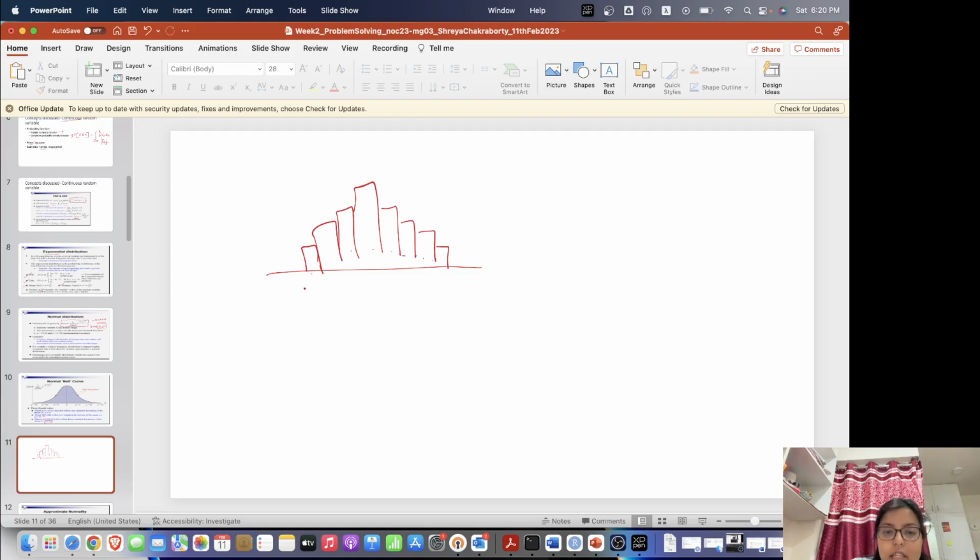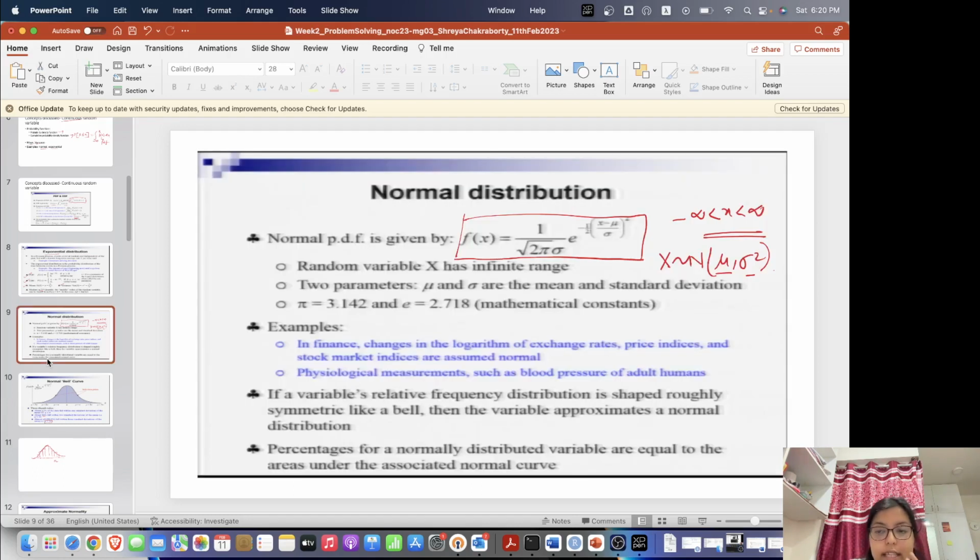As you increase the number of trials, it was approximated by this normal curve. I am not sure how exactly this was derived, but this is the functional form of a normal distribution that was devised by Gauss. Okay, thank you, ma'am.